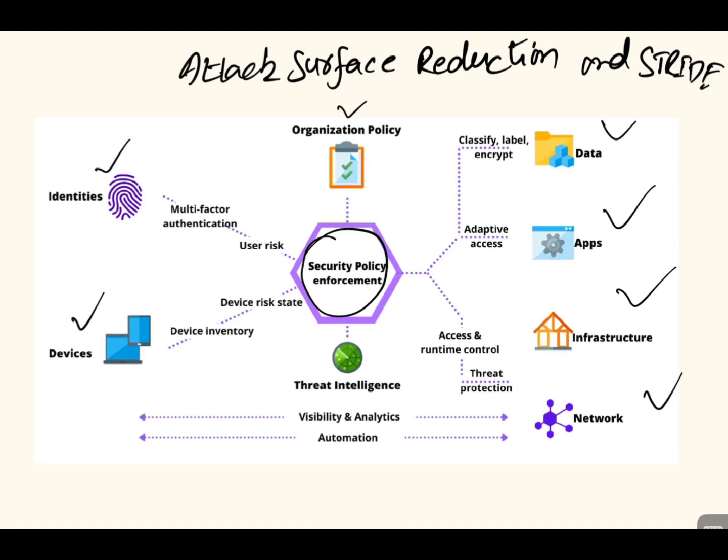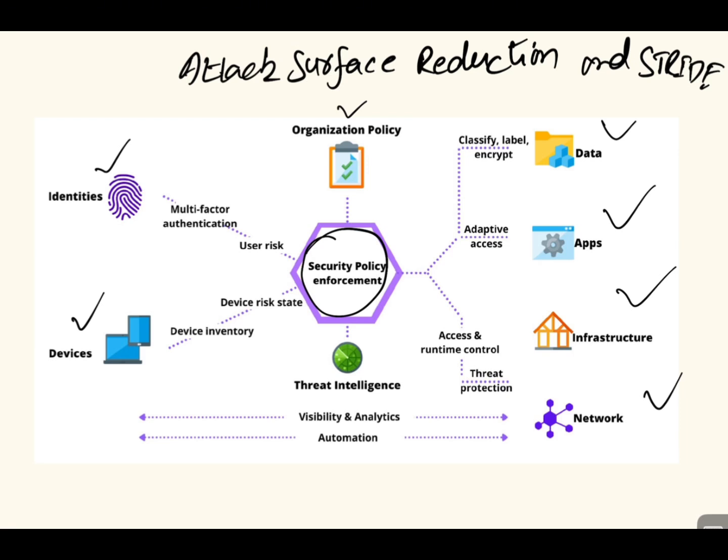How can we reduce attack surface? Only allow secure, verified applications. Infrastructure: protect against denial of service, harden servers, segment access. Network: protect against repudiation and DoS, limit open ports, strong network controls.